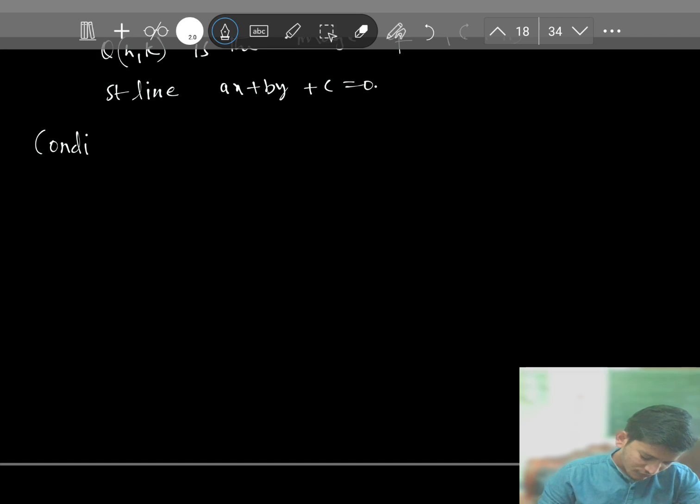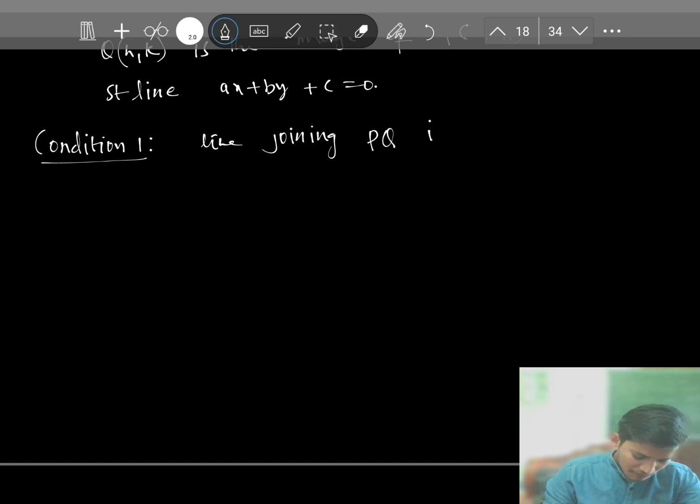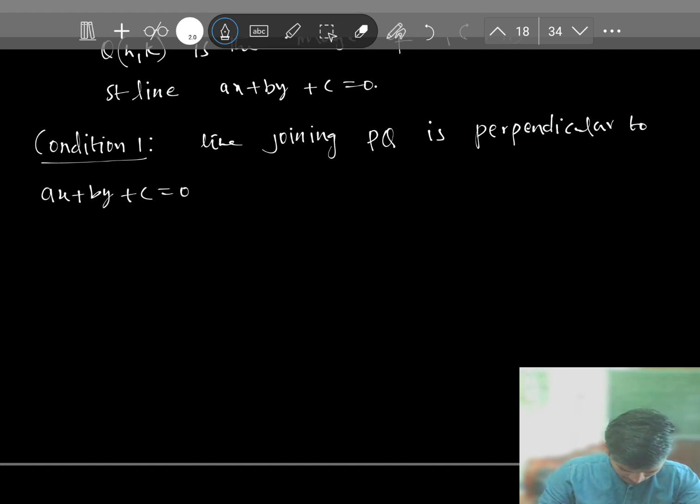Then we are supposed to go with the two conditions. Let me mention condition number one: the line joining PQ is perpendicular to ax plus by plus c equals to 0.